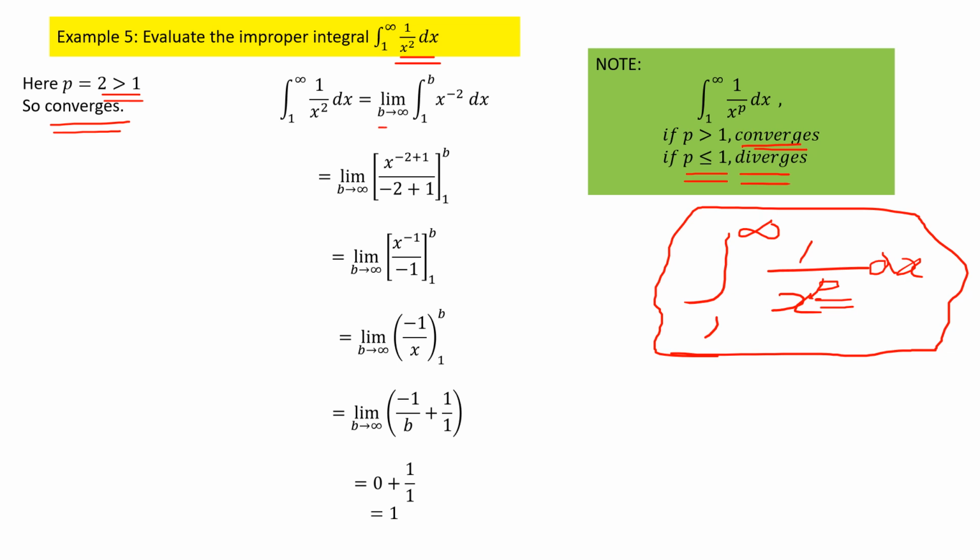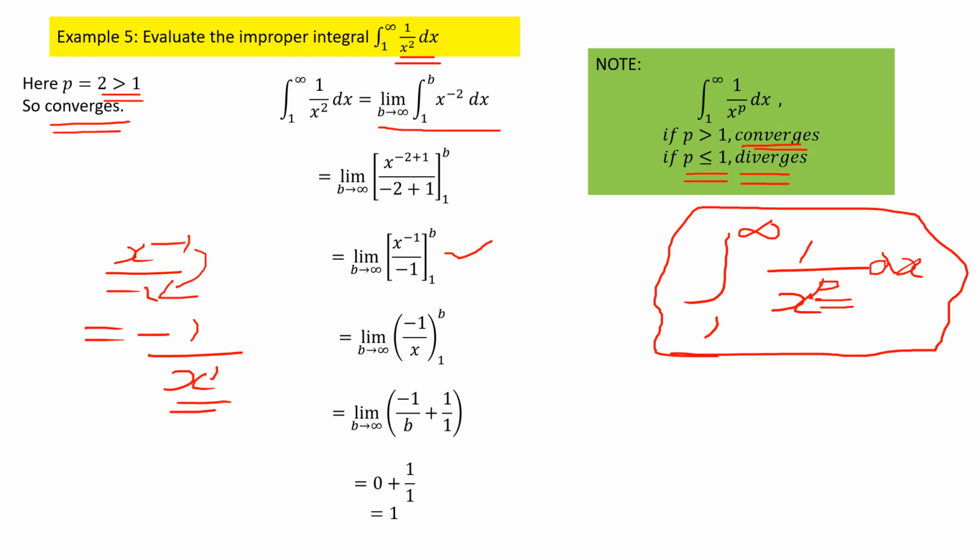So step number 1, I have to rewrite the problem as limit b approaches infinity, integral 1 to b, x to the power minus 2 into dx. Then the integration of this will give you x to the power minus 1 by minus 1. This is nothing but minus 1 over x to the power plus 1. This minus exponent, if I bring down, it will become 1 by x power 1.